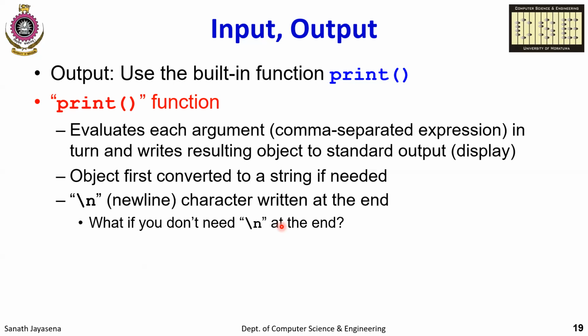So how do you prevent print from inserting the new line? For that purpose, we need to understand how print works. The print has something called the end argument, the last thing in the list, which has a default value. It is the new line.